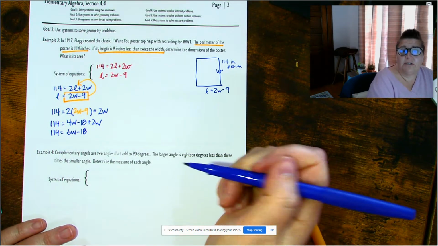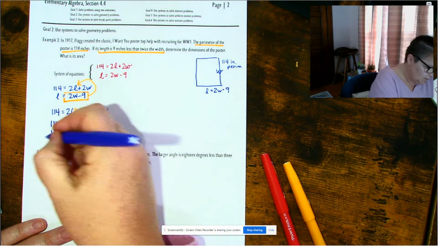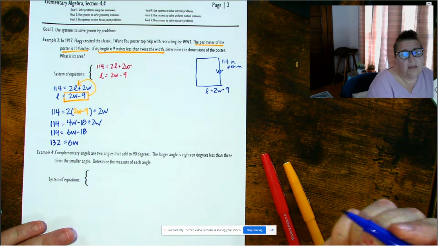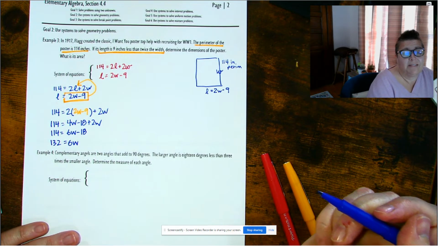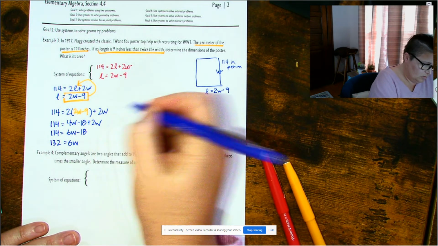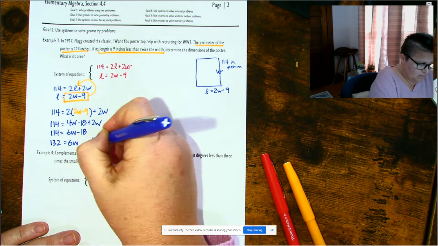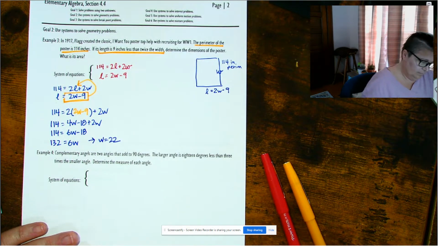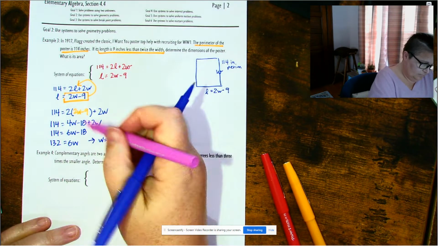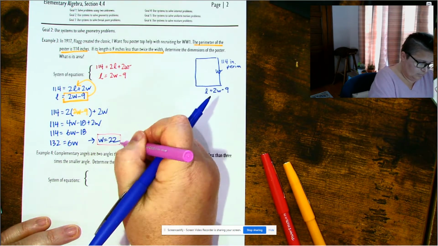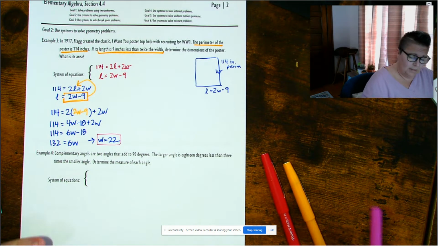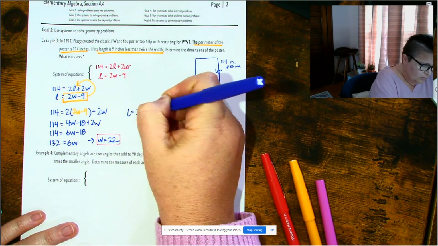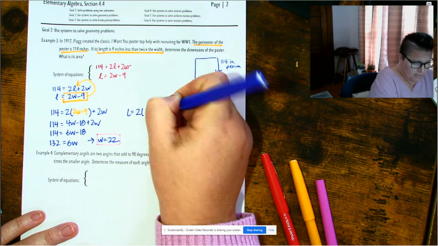Now to solve this for W, we're going to add 18 to both sides, and divide both sides by 6. That gives me W is equal to 22. Once I know what the width is, I know the length is 2 W's minus 9.